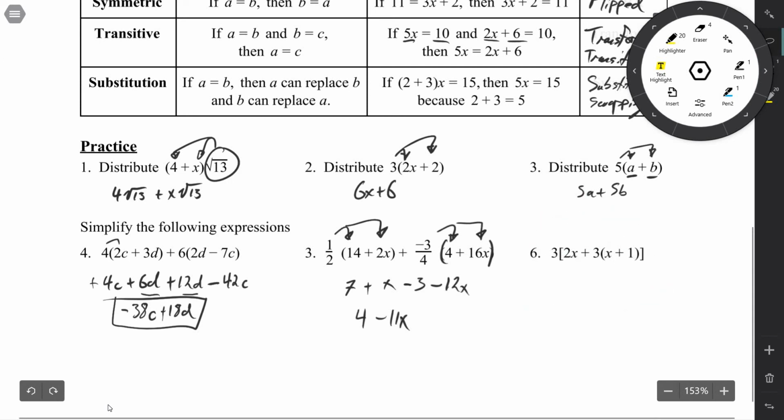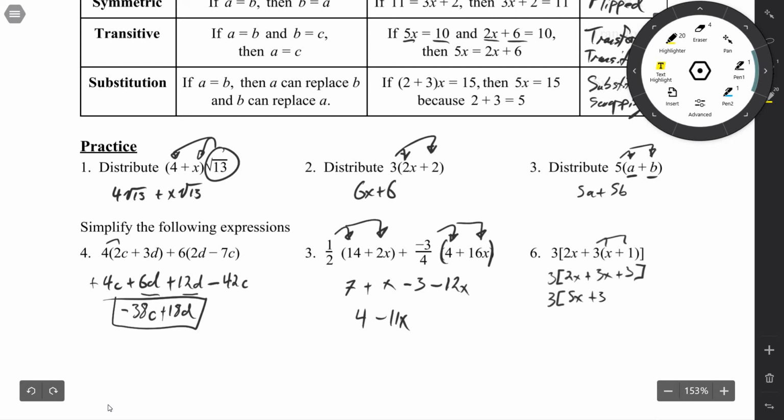So we'll start there. We'll distribute this 3 into this x plus 1, so you would get 3 within brackets, that's 2x plus 3x plus 3. We can combine like terms right now, so it would be 5x plus 3. And then we can distribute that 3. We would get 15x plus 9. And that's what we're looking for there.